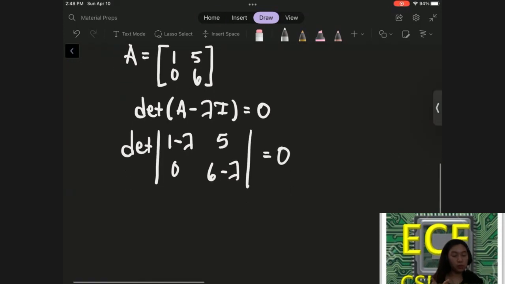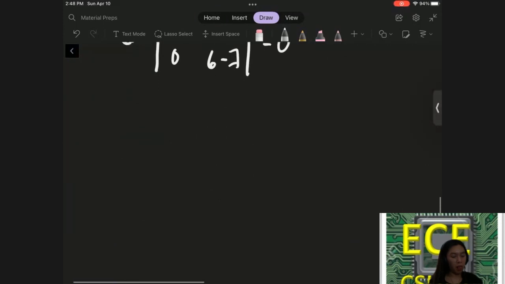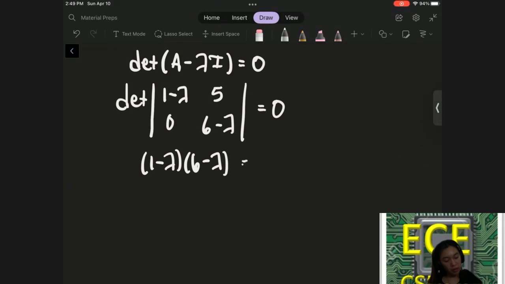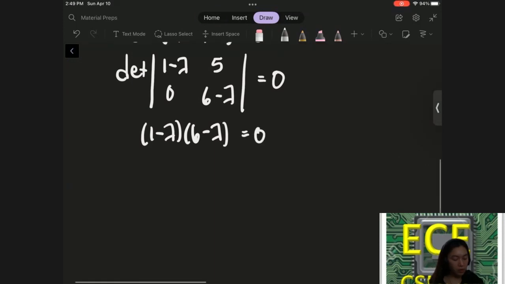This is a 2 by 2 matrix, so the determinant here is just multiplying the diagonals and subtracting them. So 1 minus lambda times 6 minus lambda, and then 0 times 5 is 0, so we don't really care about it. We set that equal to 0, and so each term can be set to 0.